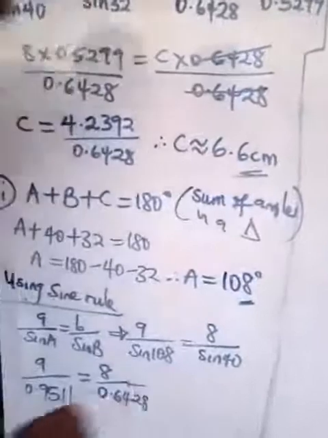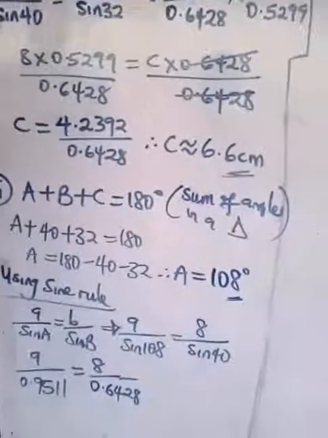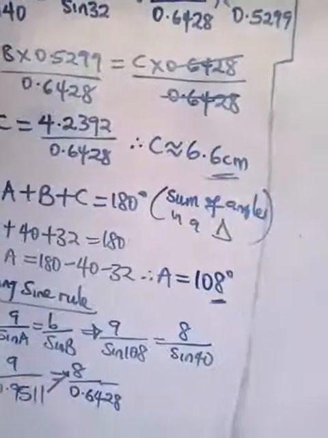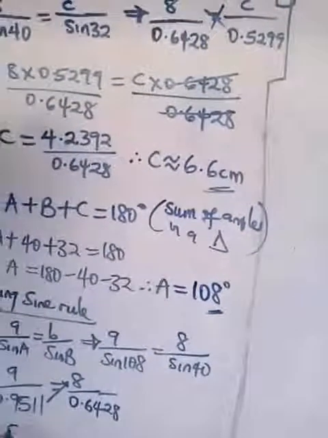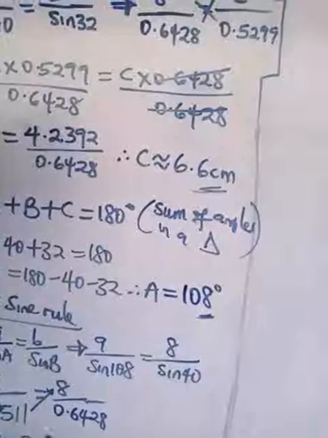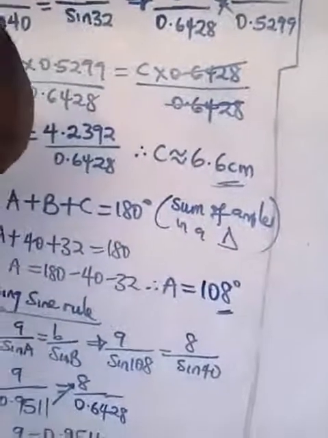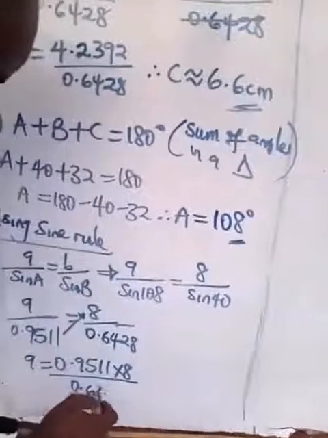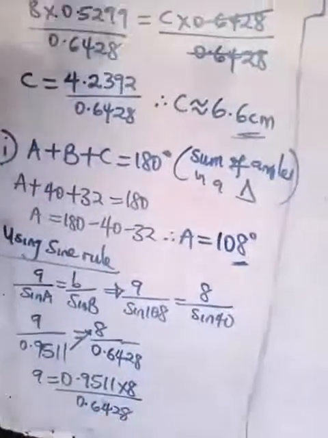6428. Now because I'm trying to save space, I can just make A the subject by doing partial cross multiplication. So A is equal to 0.9511 times 8, all over 0.6428.